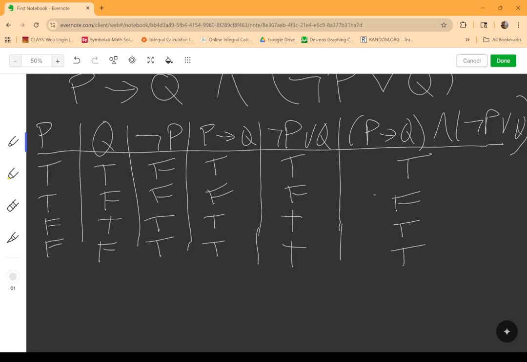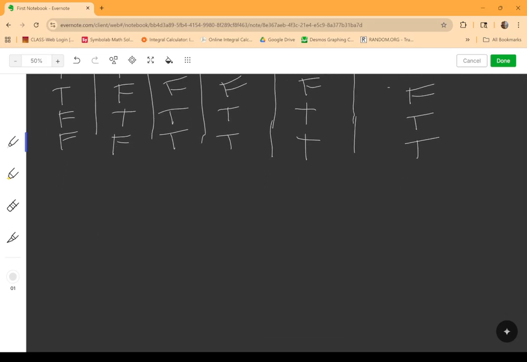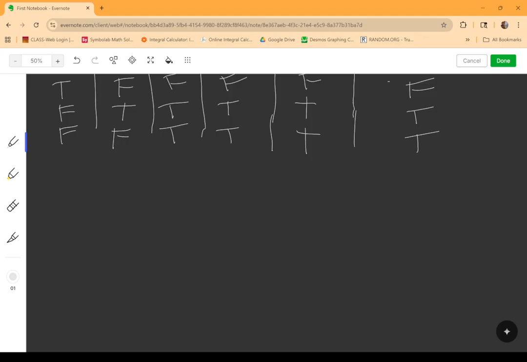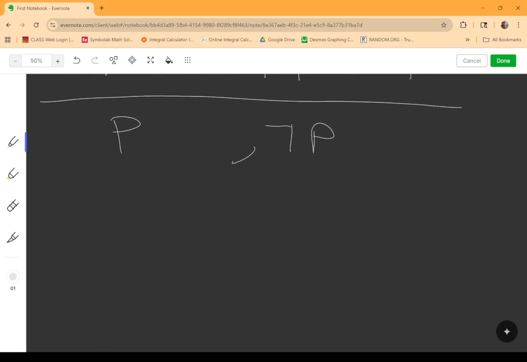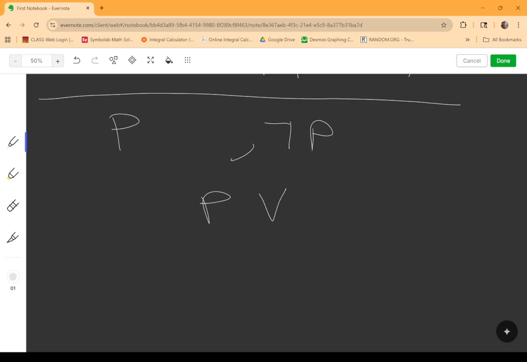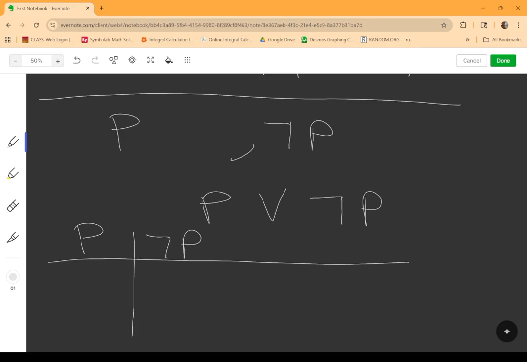Now, one other thing to keep in mind: a type of statement we'll look at is a very generic one, where we have just any statement P and then not P, and I want to make the very general statement P or not P. If we set up a truth table here, if P is true, not P is false, and if P is false, not P is true.